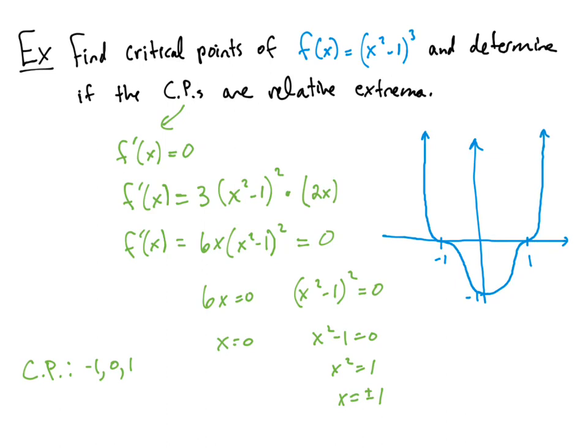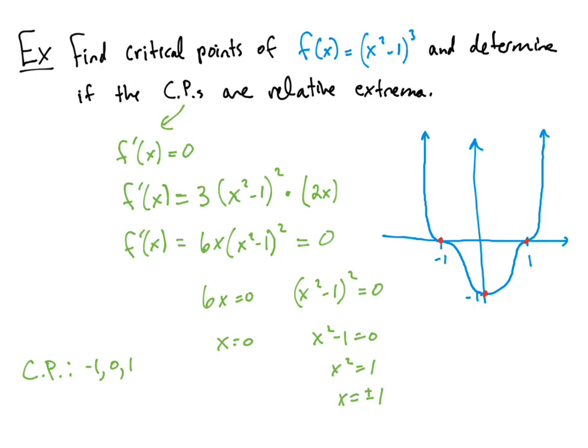It looks kind of like a parabola that's squeezed together below the x-axis. So we found the critical points, and the critical points are telling us where the derivative of this function is equal to 0. We have 3 locations where that's true.